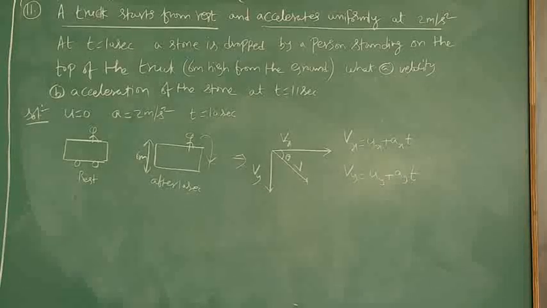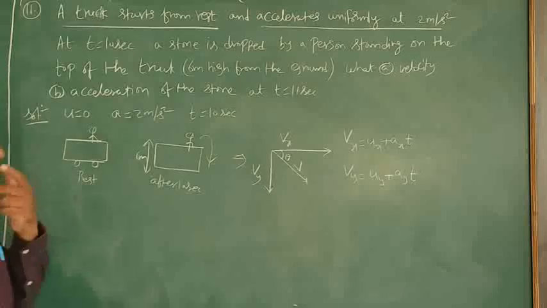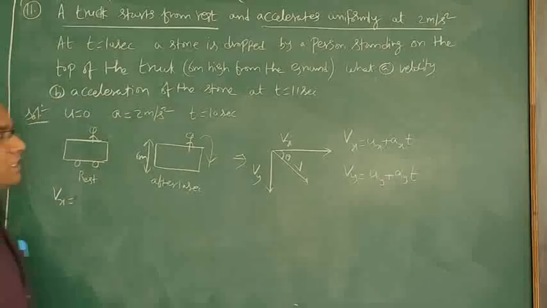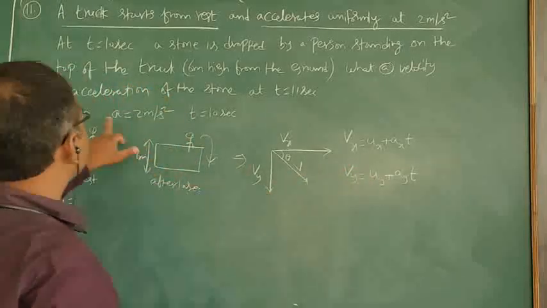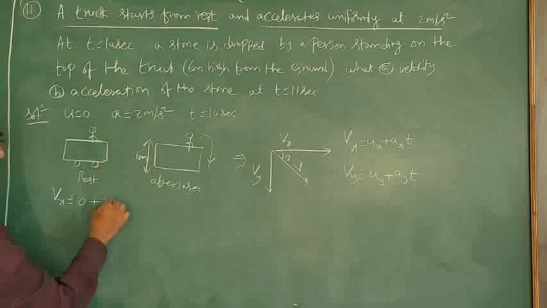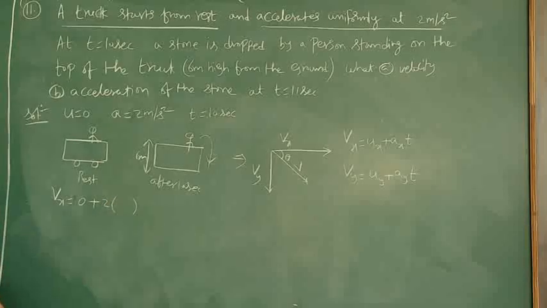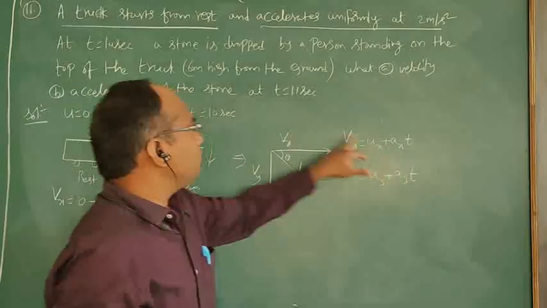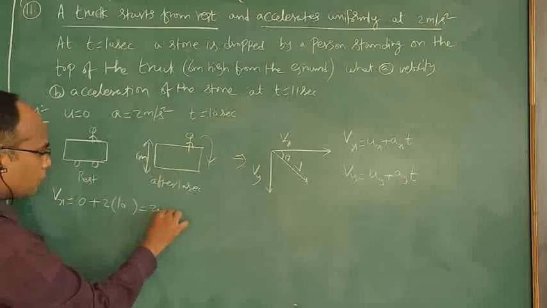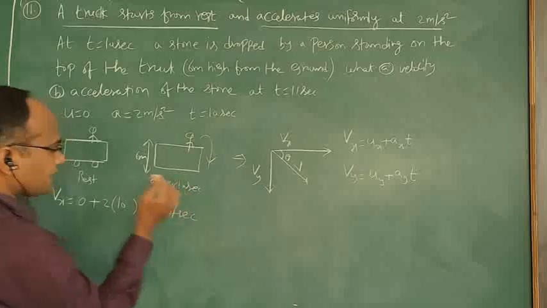Here Vx is equal to, what is ux? Ux means initial, it is 0, plus ax is nothing but 2 meter per second square into time. Time is 10 seconds. So therefore this is nothing but 20 meter per second.